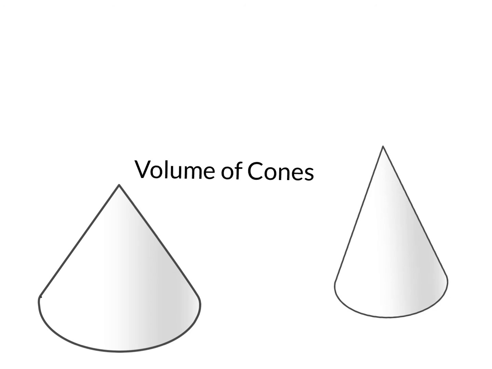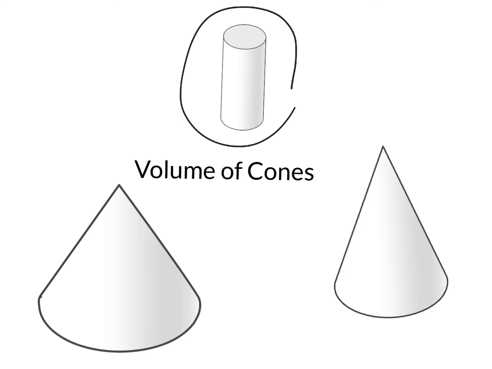So in the last video we learned about finding volume of cylinders. So you'll recall that a cylinder looks like this. And the volume of a cylinder is equal to pi times the radius of the cylinder squared times the height.